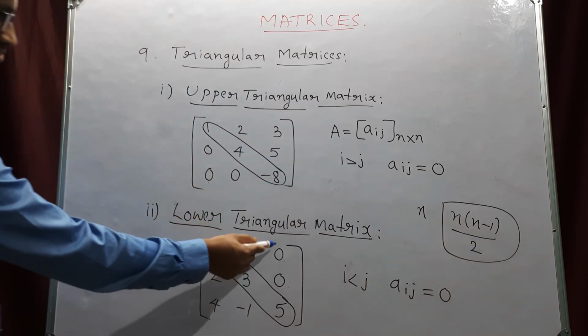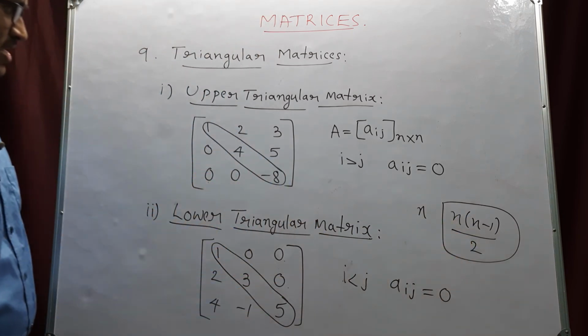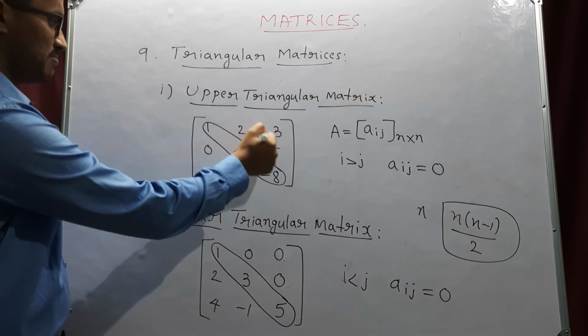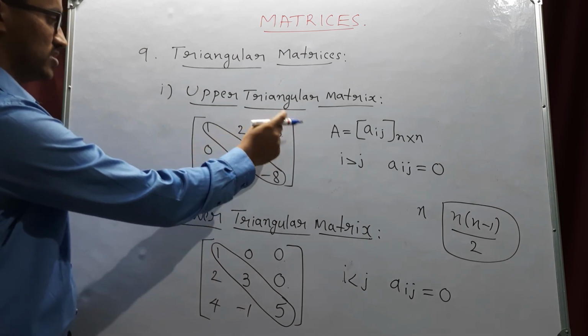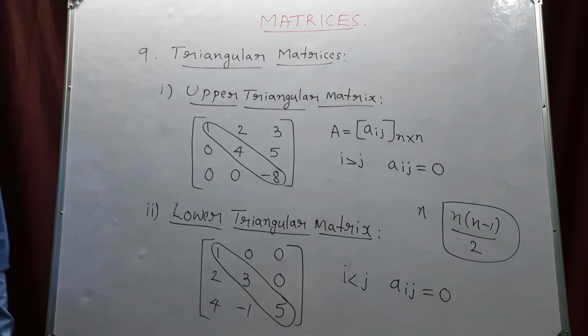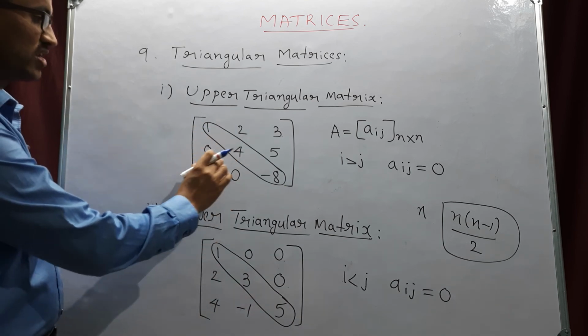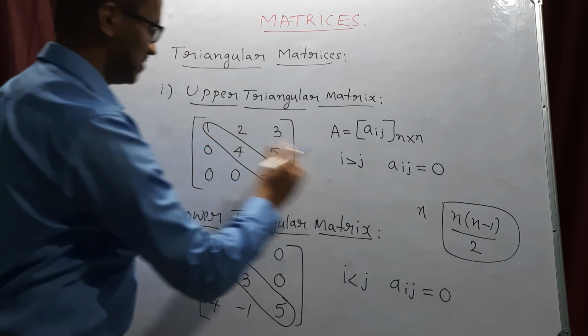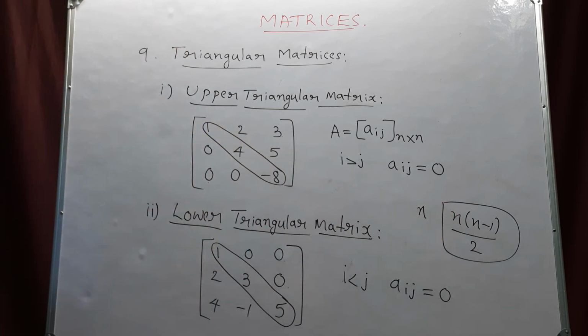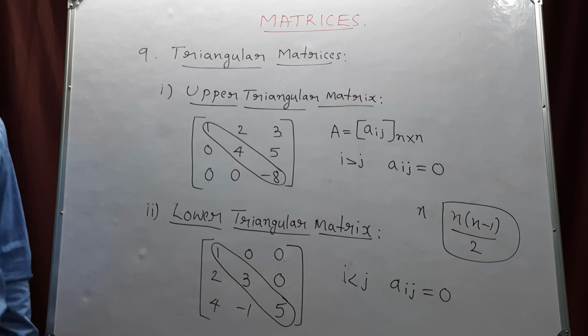Sometimes we may get some zeros on the diagonal also, and it is still an upper triangular matrix. So we are computing only the minimum number of zeros: we should get 3 zeros or more.